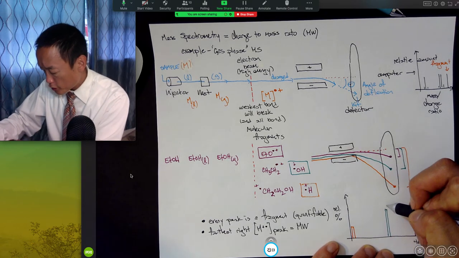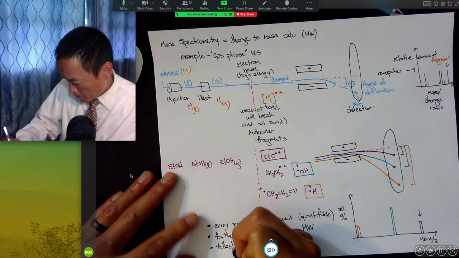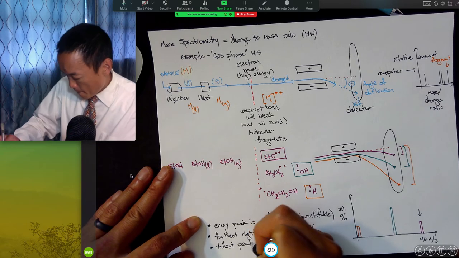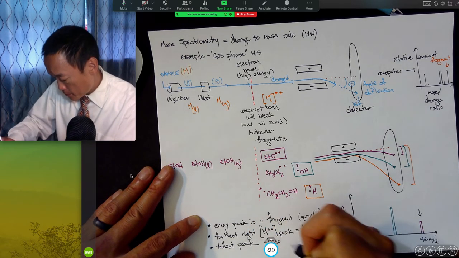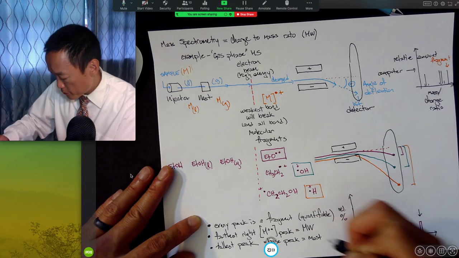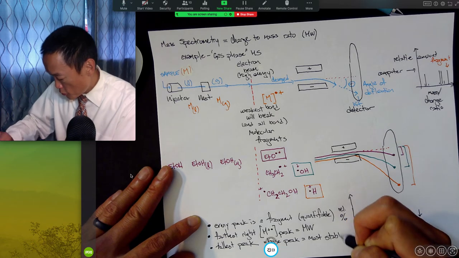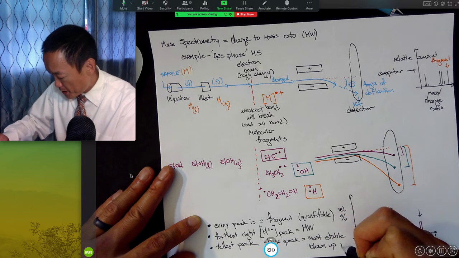There's also the tallest peak, which is called the base peak. And that is the most stable blowing up piece.